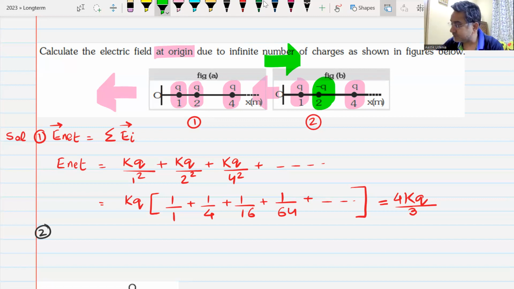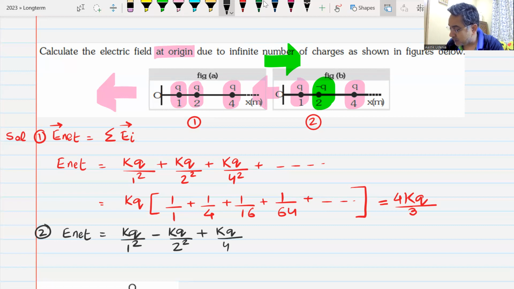Then the net electric field in the second case: the first one, let me take it as positive, kq by 1 square. Then the second becomes negative, minus kq by 2 square. The third is positive, kq by 4 square. The fourth is negative, kq by 8 square.